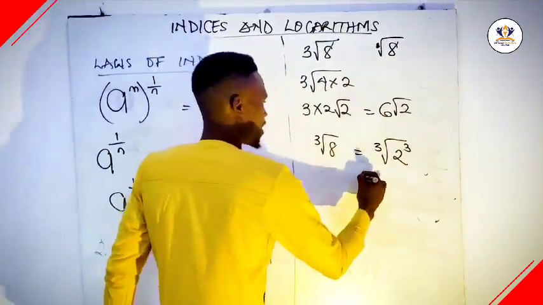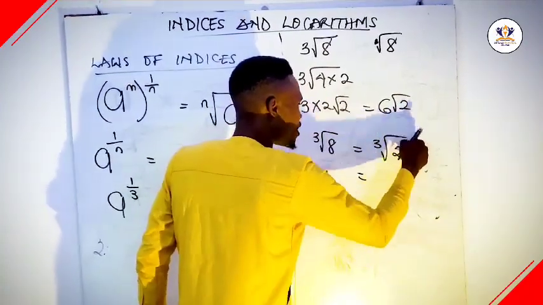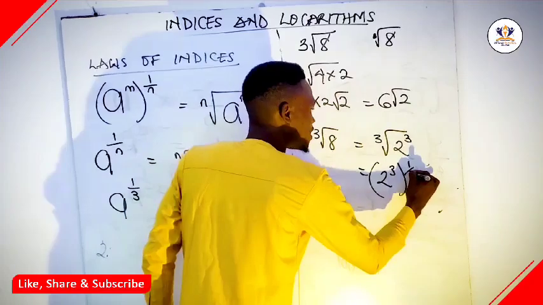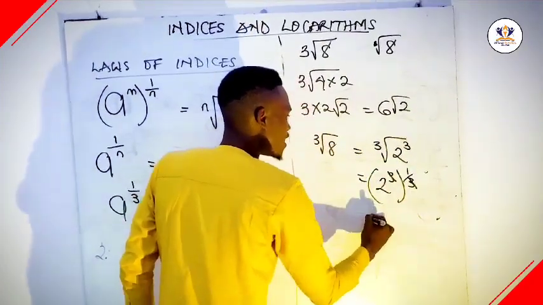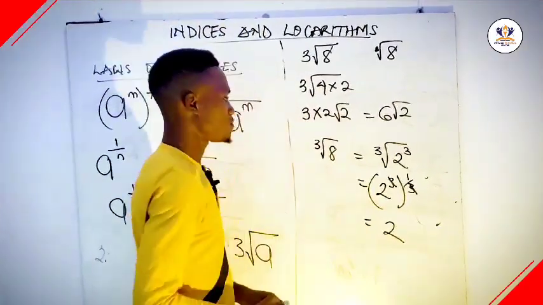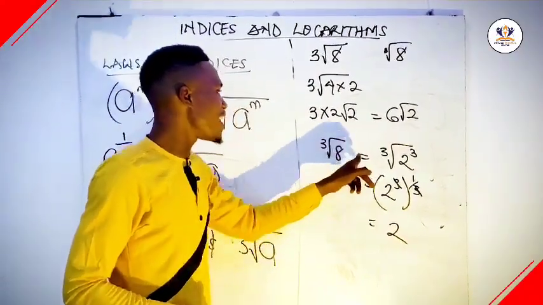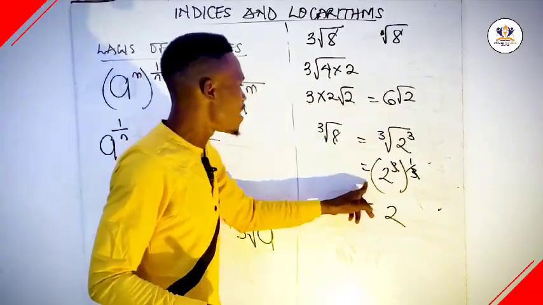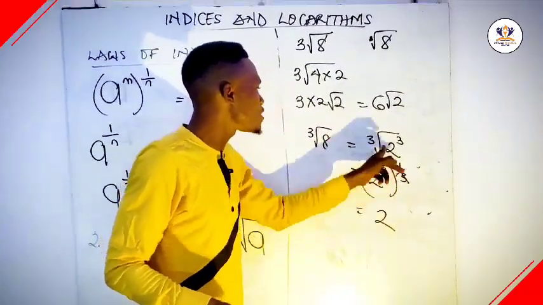So from here, we have 2 raised to the power 3, everything raised to the power 1 over 3. Now 3 cancels 3. Then we have this one to be equal to 2. Look at this. Cube root of 8 is equal to the cube root of 2 raised to the power 3, which is 8. Now from here, 2 raised to the power 3 times 1 all over 3.